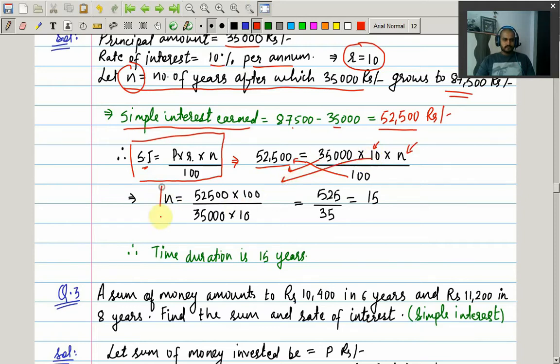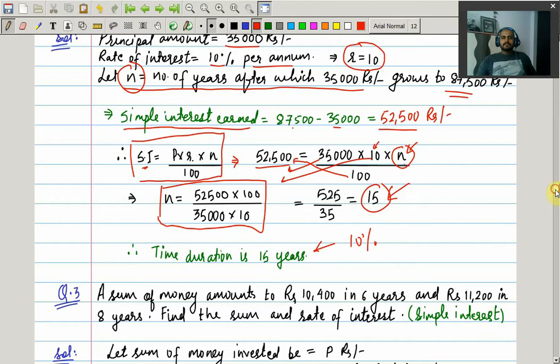So this is what we get after shifting the unwanted terms with n. We want this n. Just do it by using a calculator. You will get n is 15 years. So after 15 years at the rate of 10%, your 35,000 rupees will grow to 87,500 rupees.